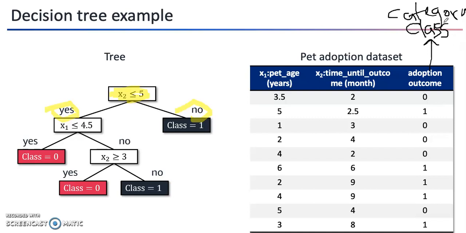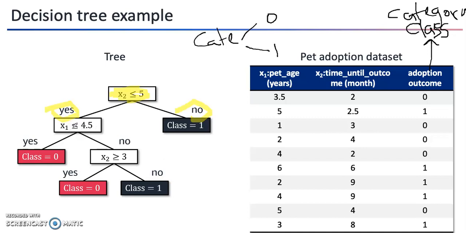We call those groups categories, or we may also call them classes, as in classification. That's why you see some nodes saying class equals 1, because here the class or the category may take one of two values, either 0 or 1: 1 for yes, adoption, and 0 for no, it was not adopted.